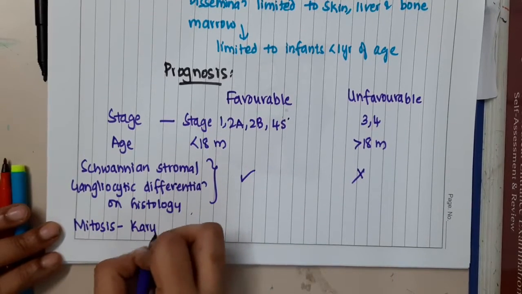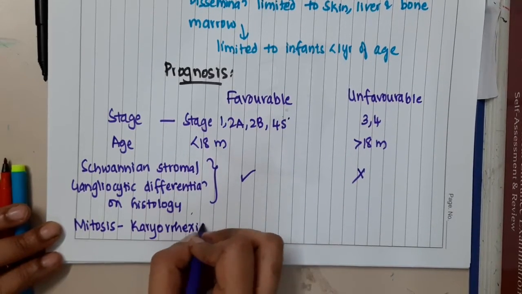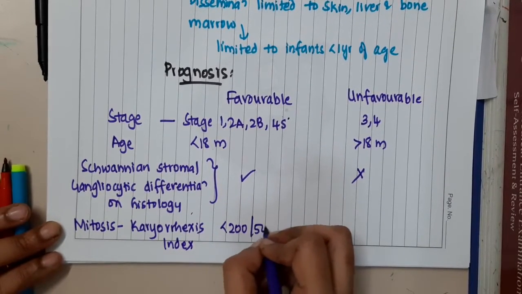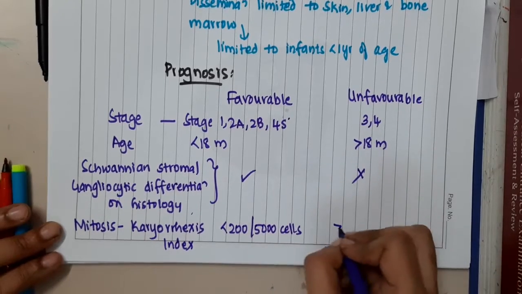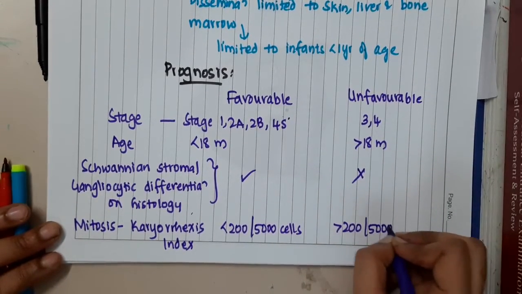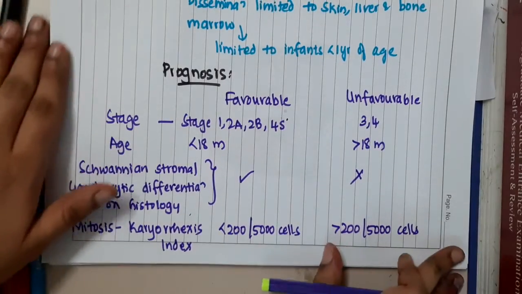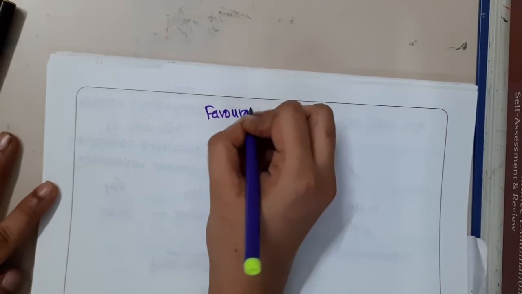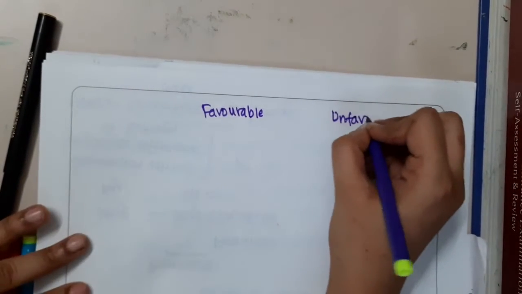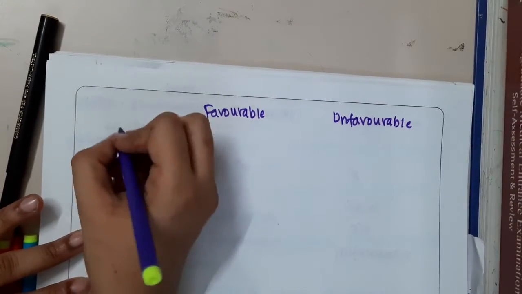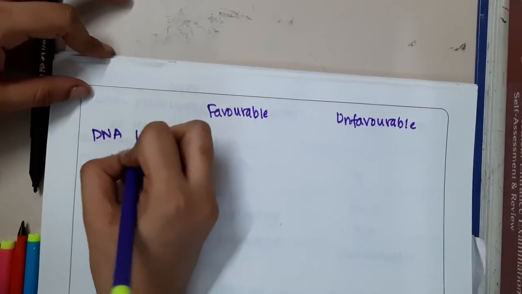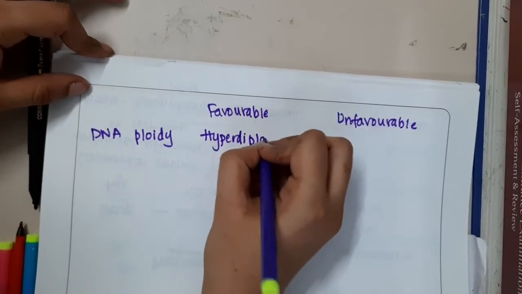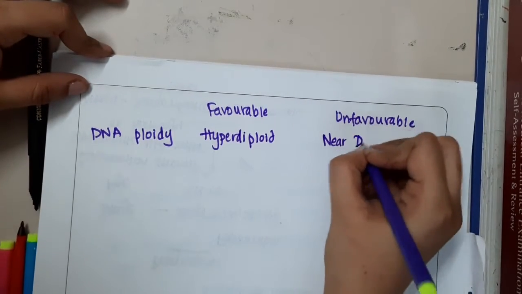Mitosis or karyorrhexis index less than 200 per 5000 cells is favorable prognosis, more than 200 per 5000 cells is unfavorable. Then DNA ploidy: if hyperdiploid, it is favorable prognosis; near diploid is unfavorable.